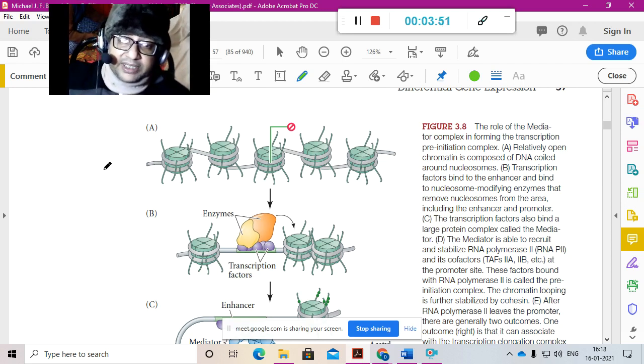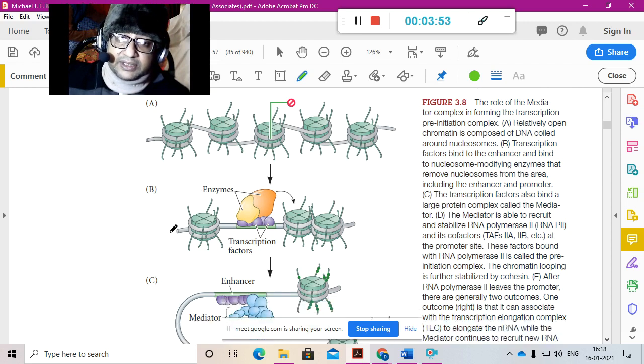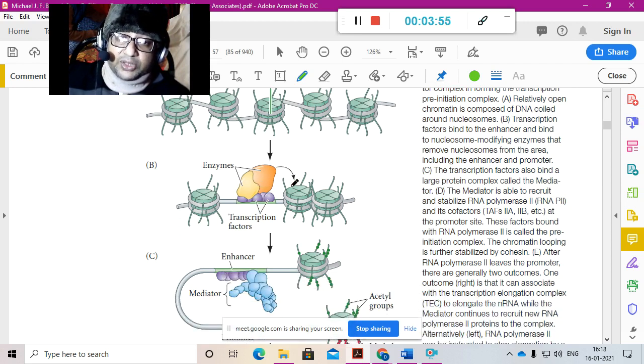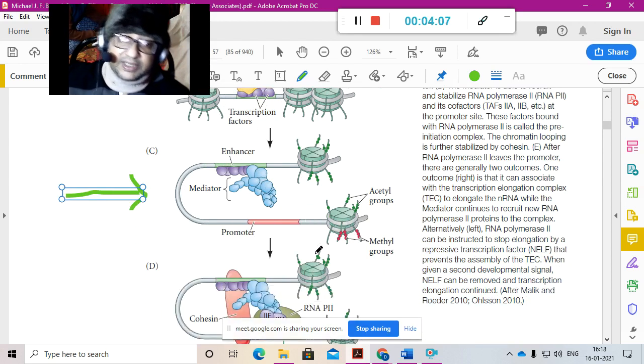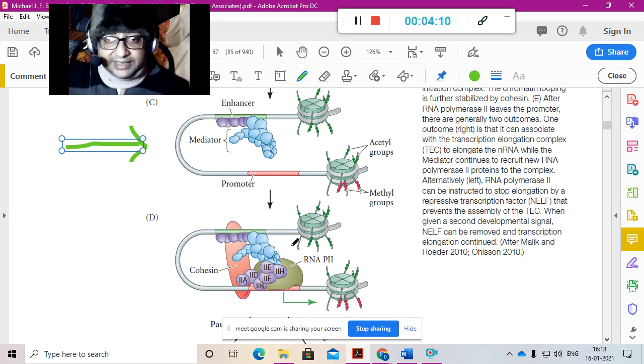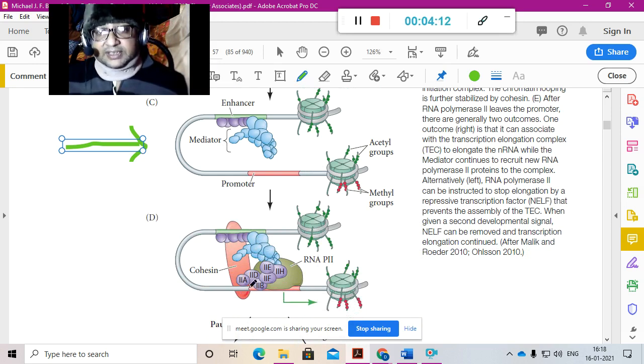So these mediator complexes are enzymes. What they do is move these things and make this DNA accessible, as you can see over here. The DNA becomes accessible, and as a result this enhanceosome complex is formed.